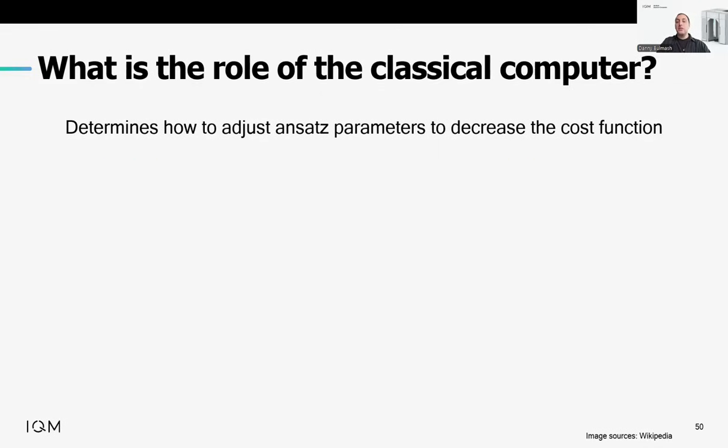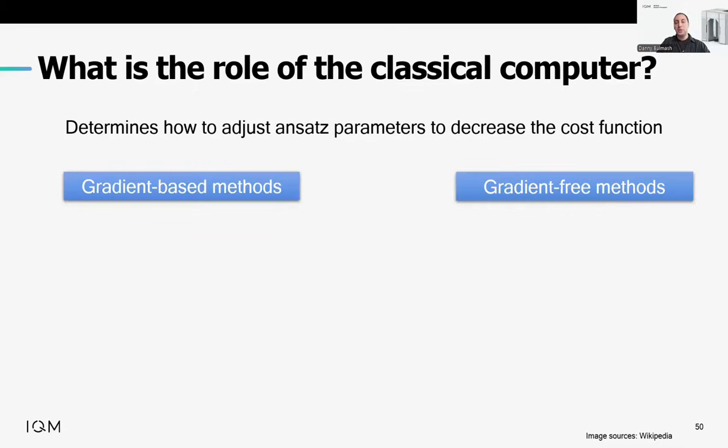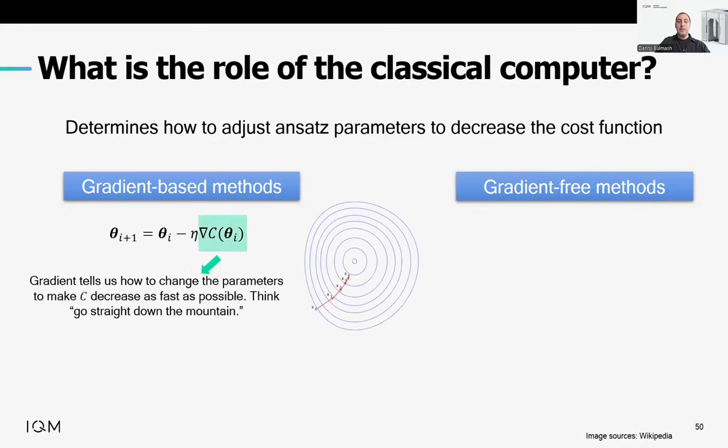This is a standard problem in classical computing, optimization of a cost function. And there are a couple of classes of methods which we don't really have time to talk about today, but this is all implemented for you in a lot of libraries. Some of them are called gradient-based methods, and some of them are called gradient-free methods. The gradient-based methods basically tell us how to change the parameters to make the cost function drop as fast as possible.